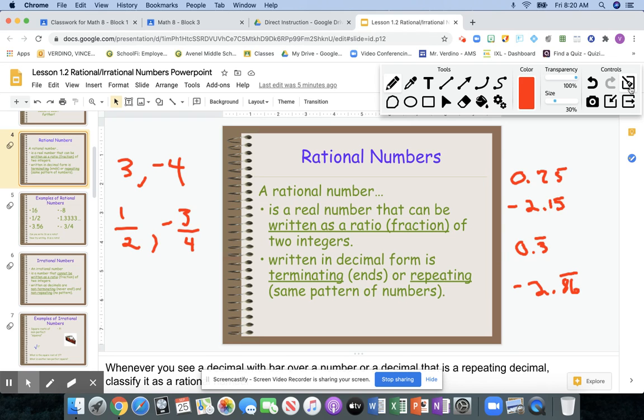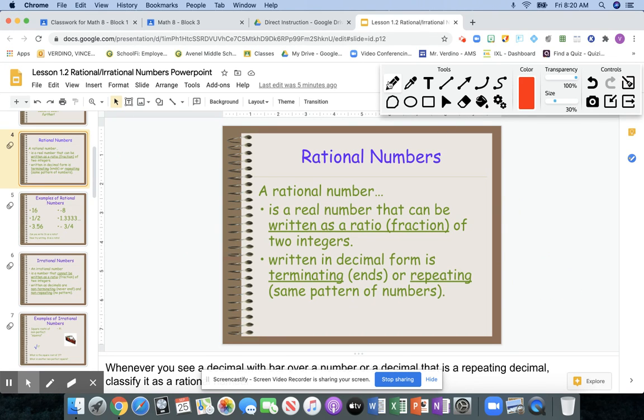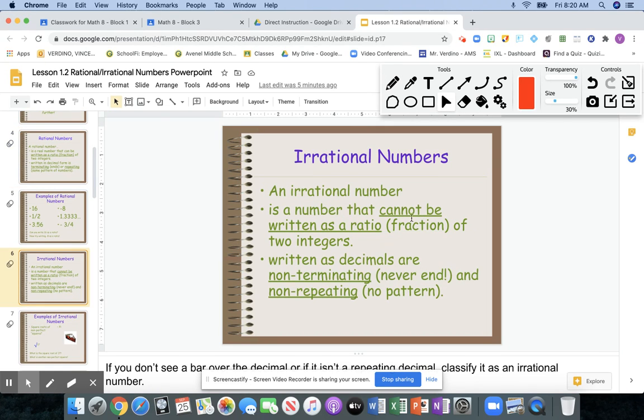All right. If you are looking at irrational numbers, remember these are just the complete opposite. So these are numbers that can't be represented as a ratio. Numbers that come to mind are the square root of 2, the square root of 3, pi, and e. Okay. They could also be written as decimals that are non-terminating, right?